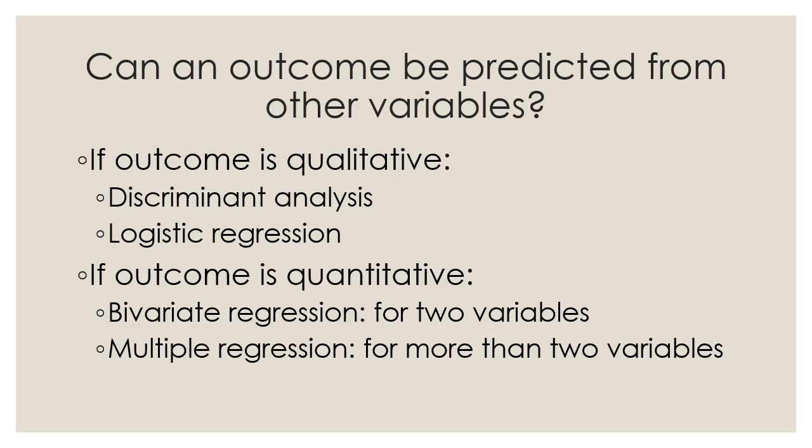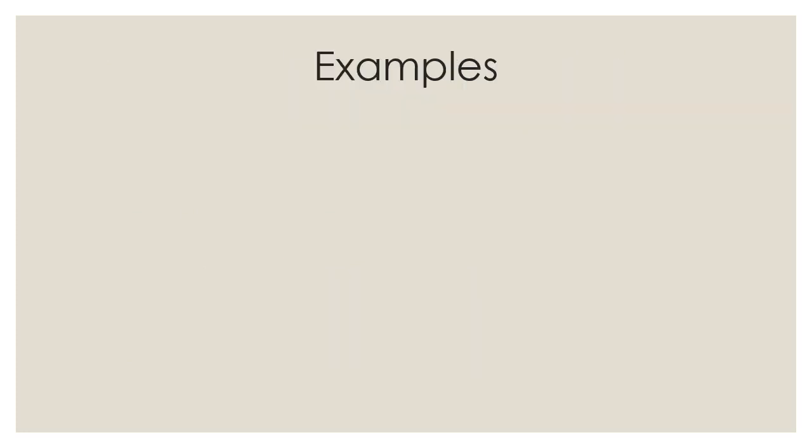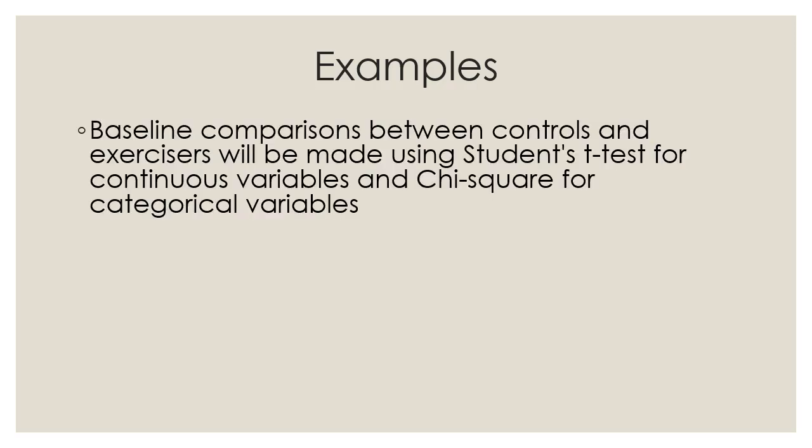And finally, my last slide here is to give you some examples of how you would word the statistical analysis section. So I took actually these examples from articles that I have published in the past. So one of them could be: baseline comparisons between controls and exercisers will be made using Student's t-test for continuous variables and chi-square for categorical variables.